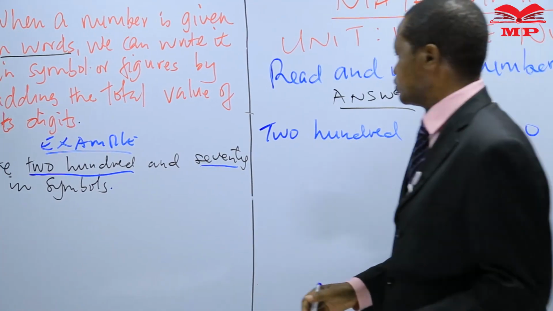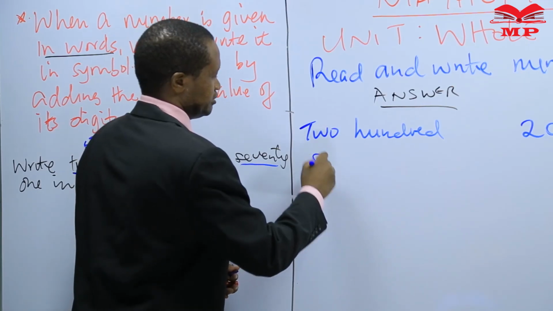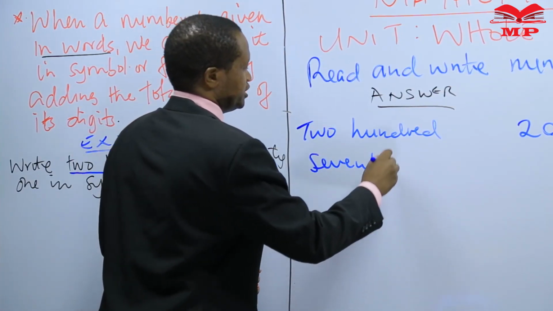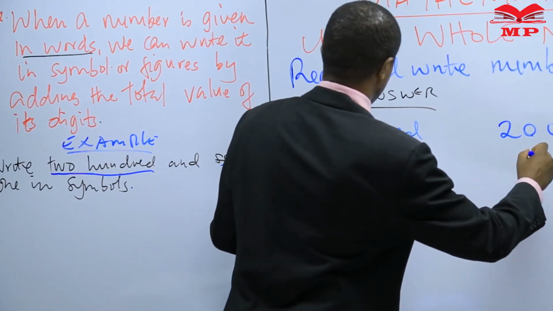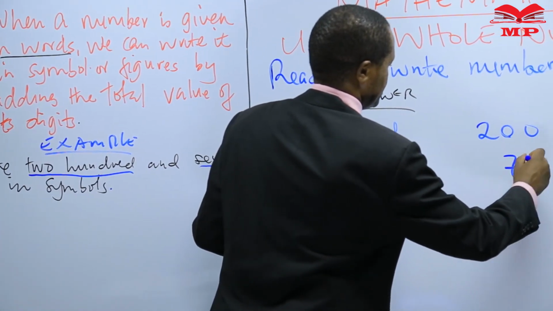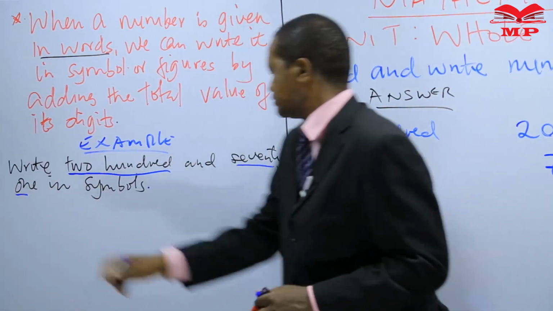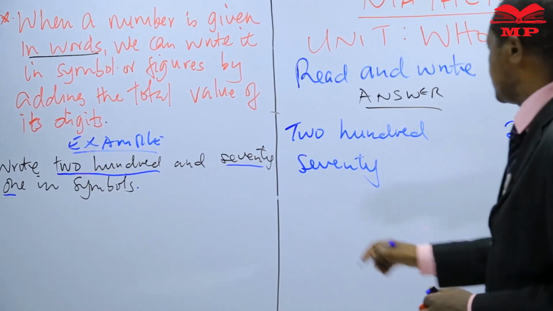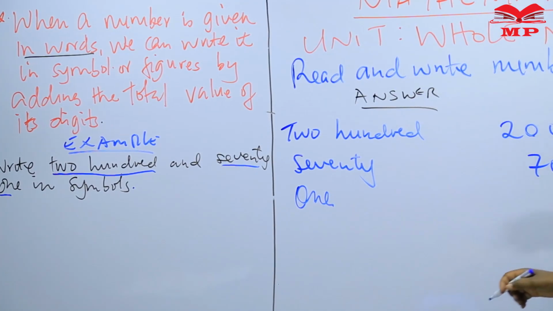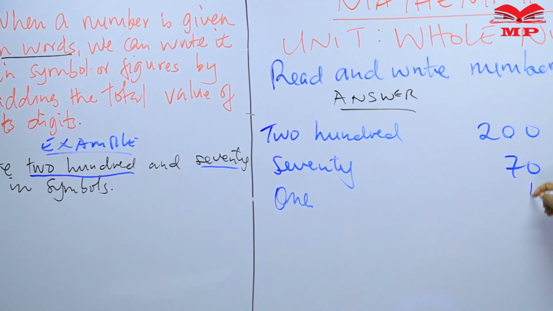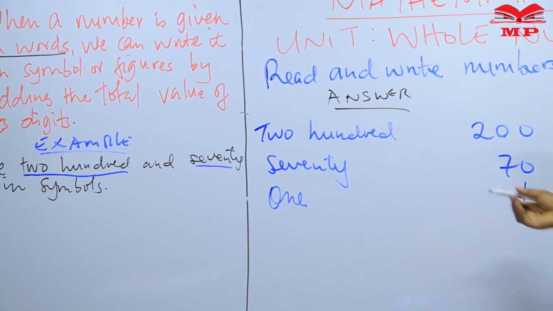So we have 70, the total value of 70 is 70. Then we have 1. So we come here and write 1. The total value here is 1. These are the total values.